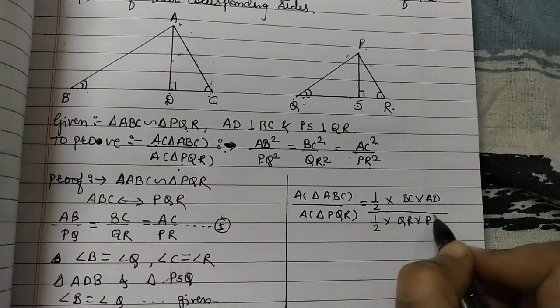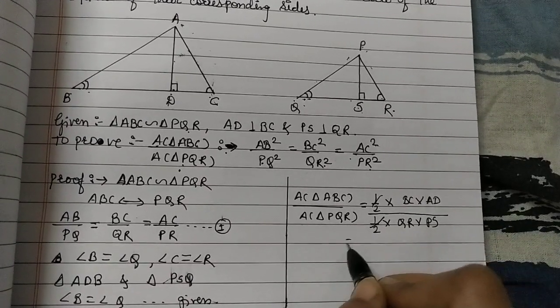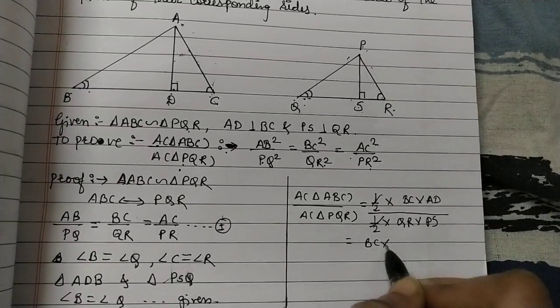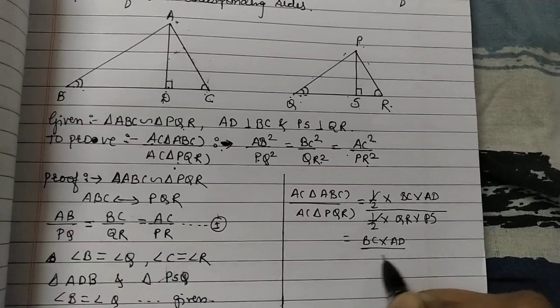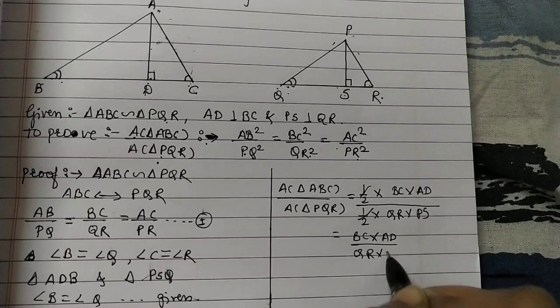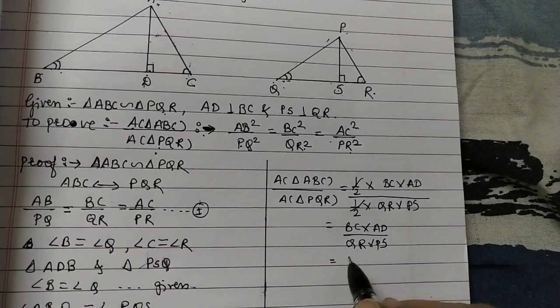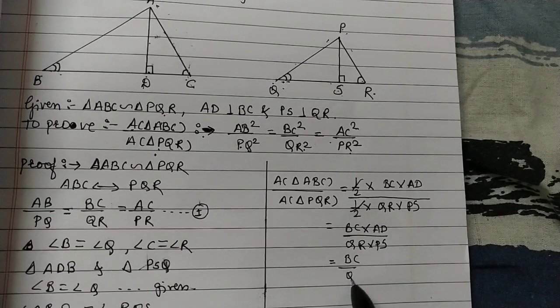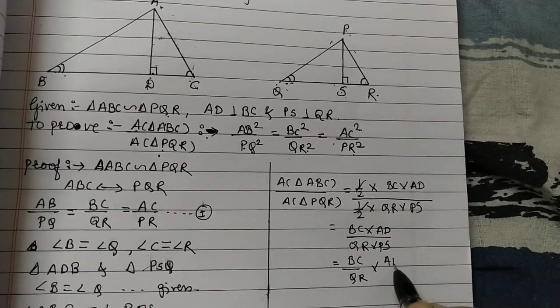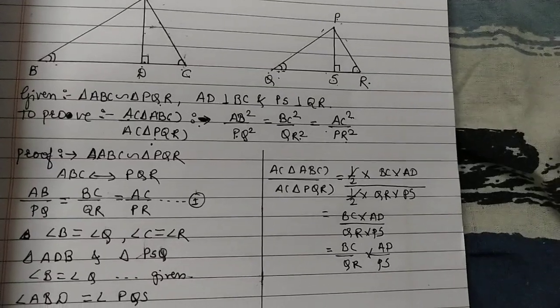QR, into height PS. Half will get cancelled. It is BC into AD upon QR into PS. Now, can I write it as BC upon QR into AD upon PS? It is one and the same.